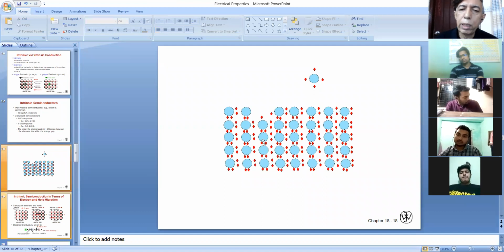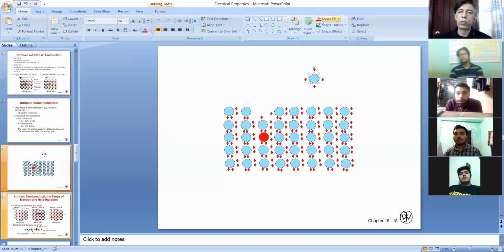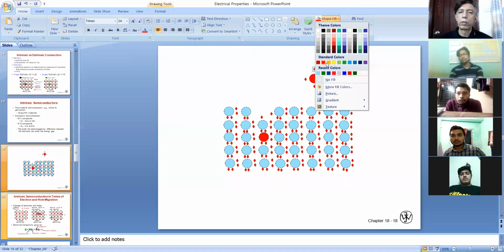But if I replace this silicon with a phosphorus, say for example, this is phosphorus. Now, in phosphorus, there are 5 electrons in the outermost orbit. I change the color of it.